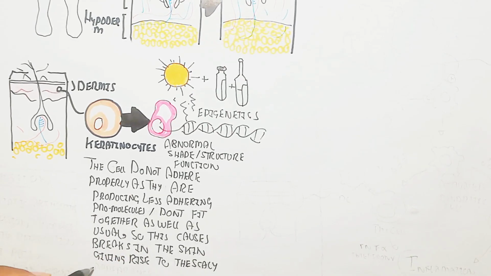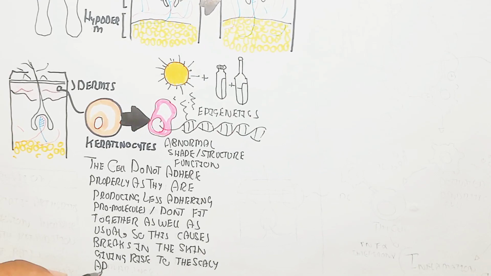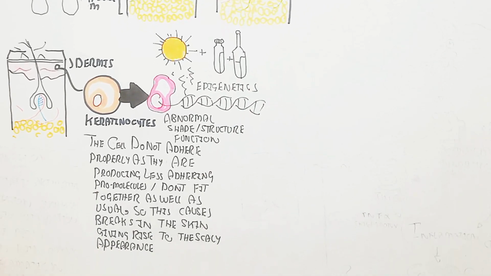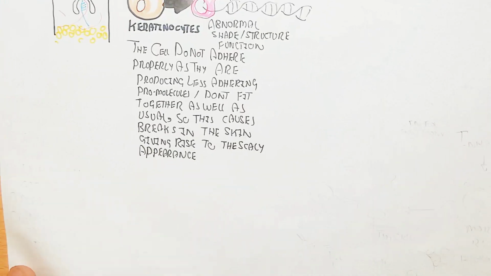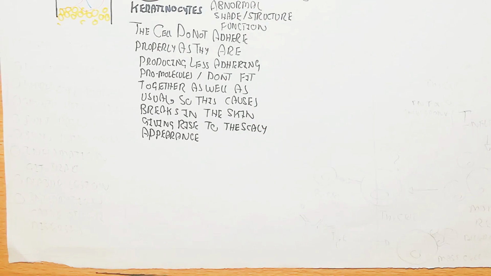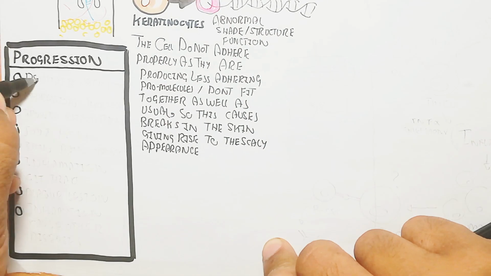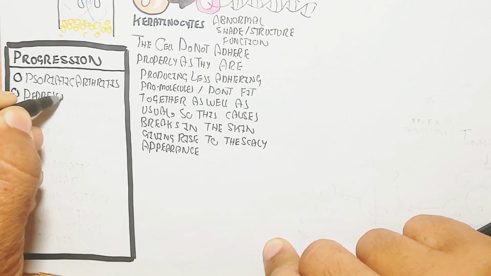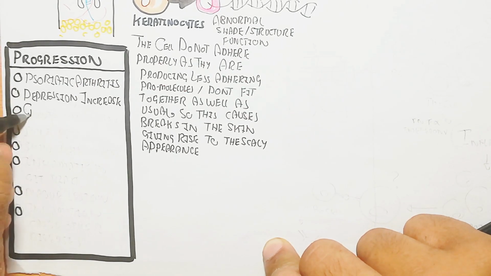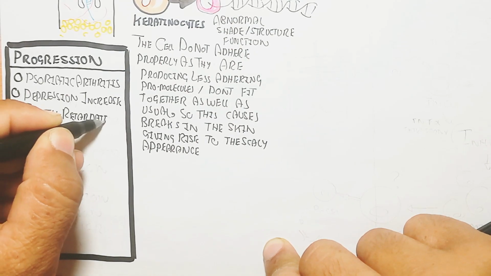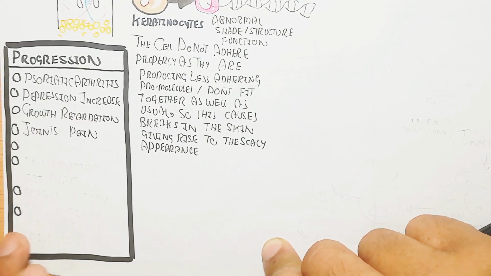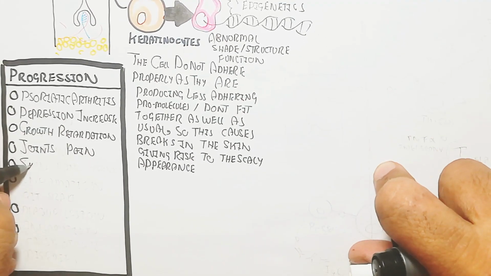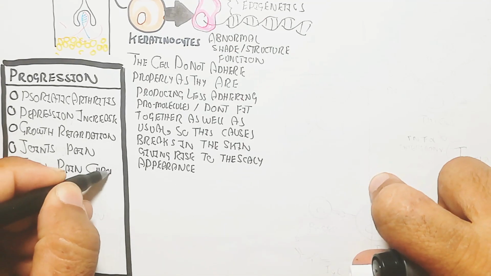Anyhow, let's understand the progression of psoriasis. Other diseases can progress due to psoriasis. The progression can include psoriatic arthritis, increased depression, growth retardation due to deficiency of growth hormone, joint pain, chronic skin pain, and inflammation in the GIT tract.